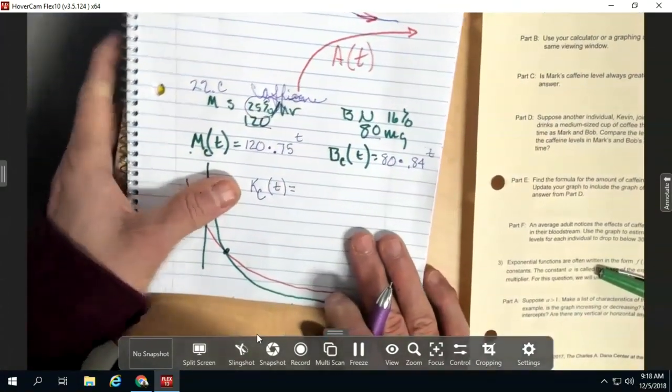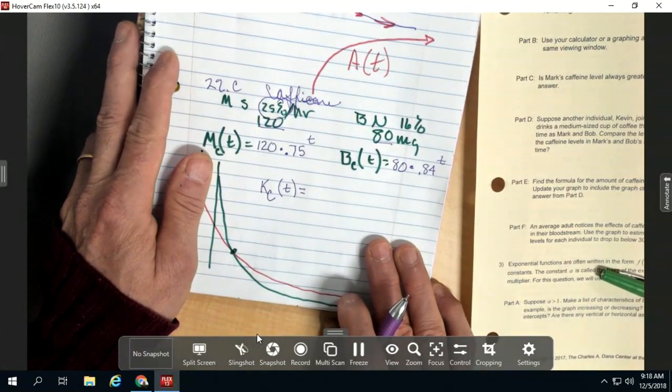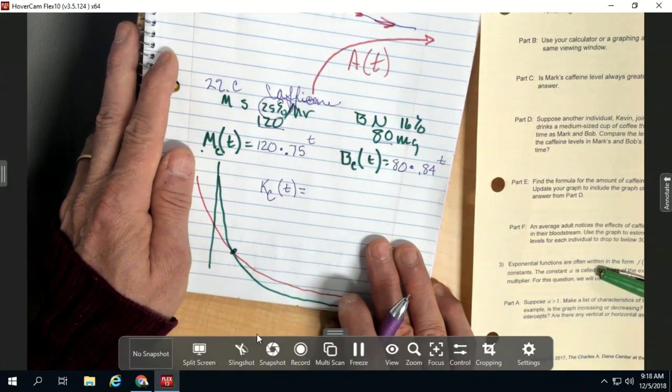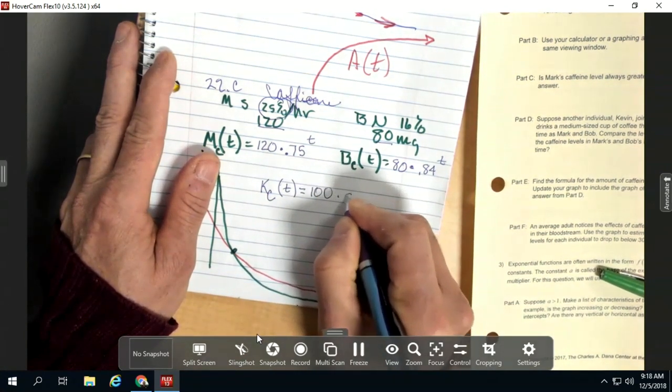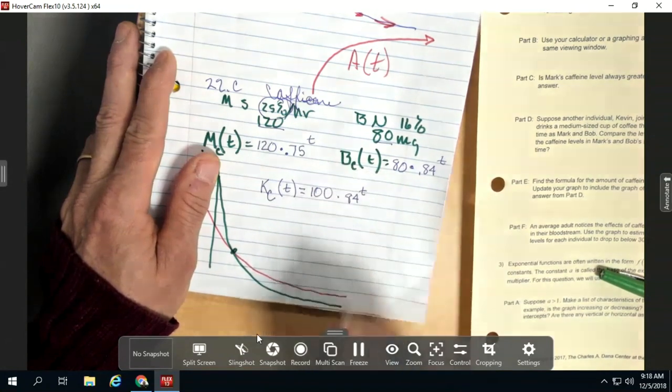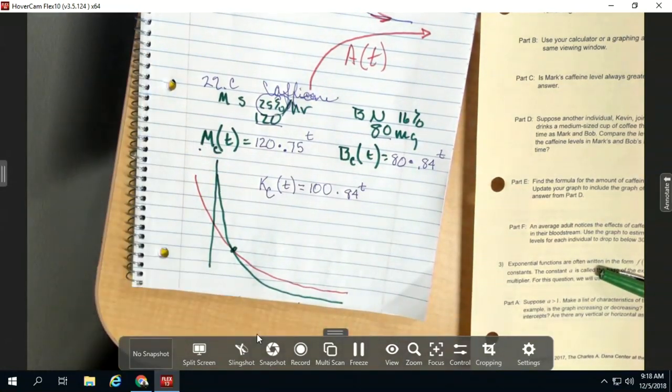K sub C of T is, I see Eric's already filling it in. Eric, what numbers are you putting in? 100 times 0.84. I can see where the 100 came from. Why did you use 0.84? Because he's a non-smoker.